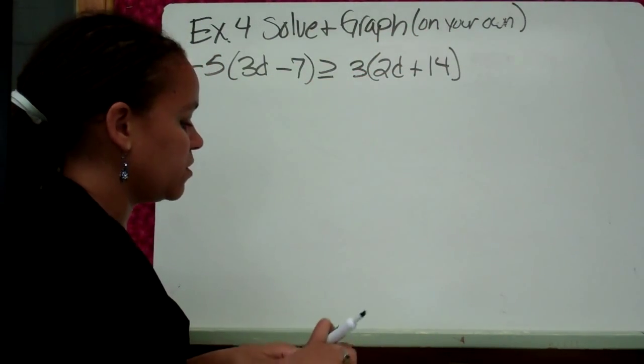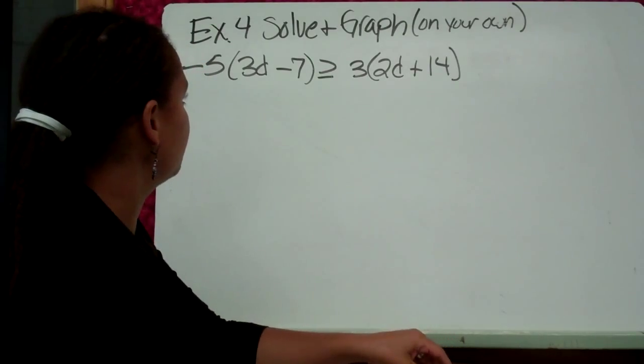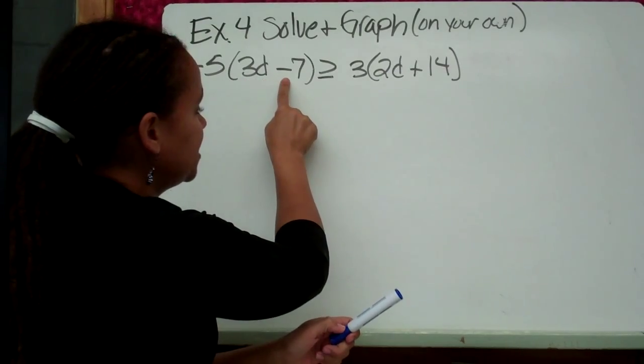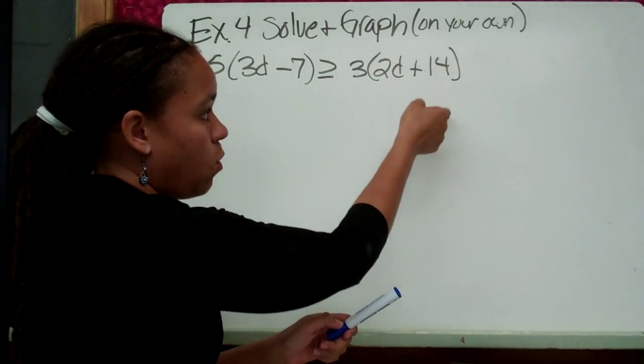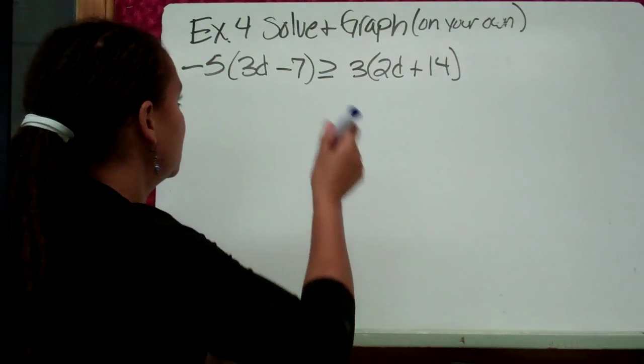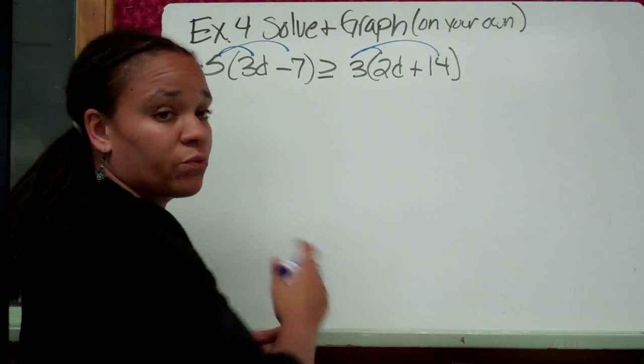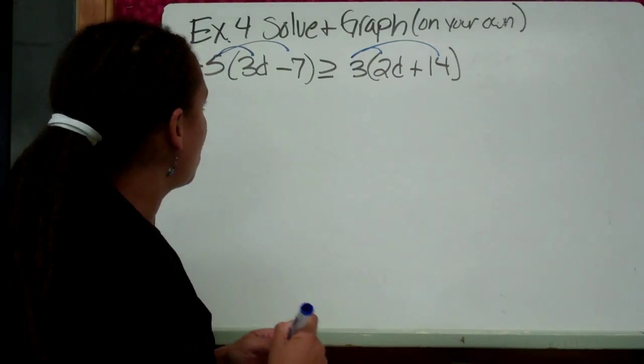So first things first, we're going to use the distributive property because we have negative 5 times the quantity 3d minus 7, greater than or equal to 3 times the quantity 2d plus 14. So let's distribute the negative 5, and then we're going to distribute the 3 so that we can solve these.